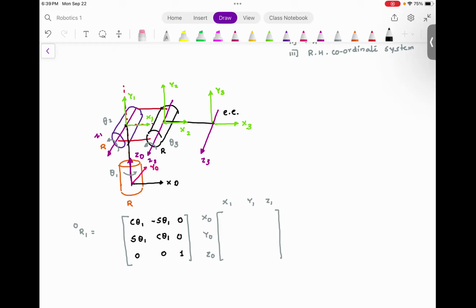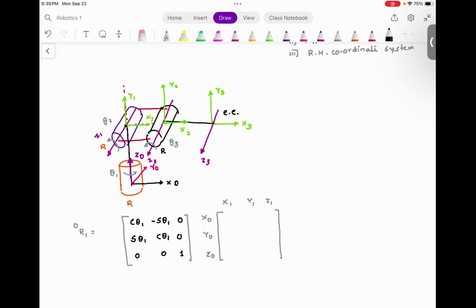Since the z-axis is passing through every revolute joint, the rotation matrix for every joint would be the same, which is cosine theta, minus sine theta, and all zeros except for the third row, third column.